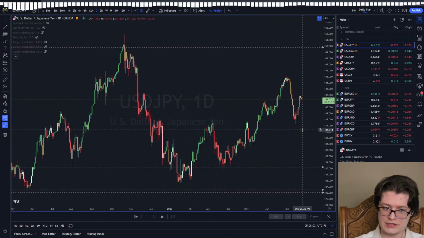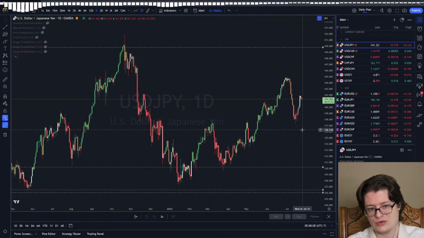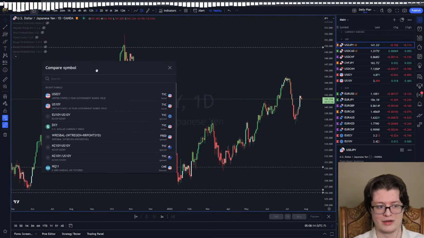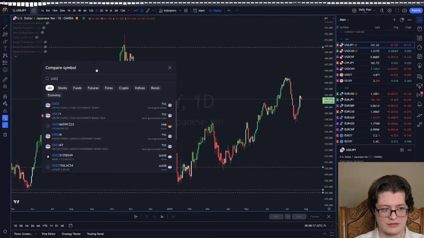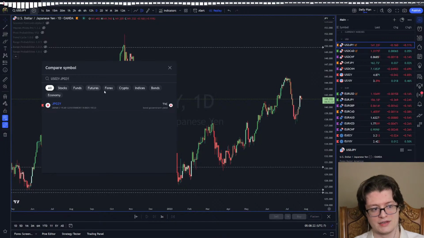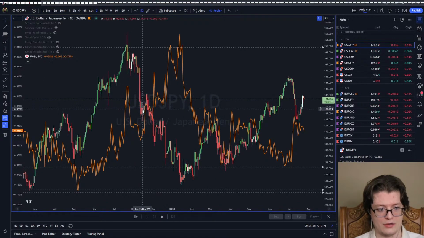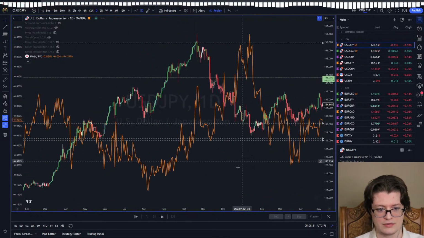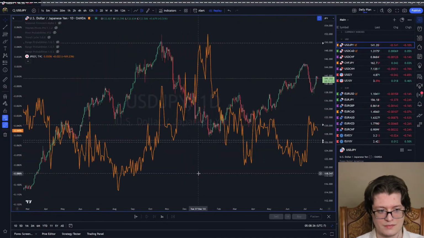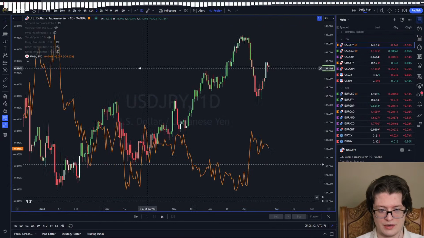When you're looking at USD JPY, what you really should be looking at when you're looking at bond stuff is US02Y minus JP02Y. You take the spread, the difference between the two. You add those, and now you're like, oh, wow. Now there's something going on here.